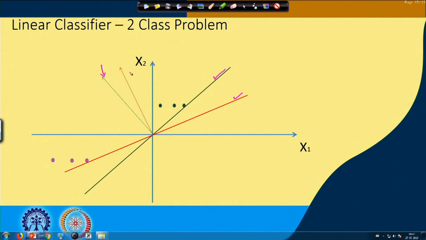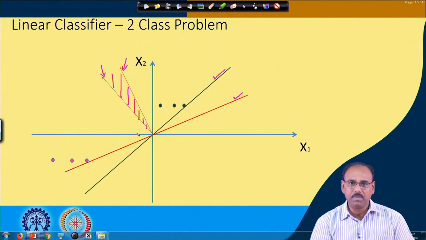Similarly, here the corresponding limit on the solution vector is this. So, it clearly says that an A which correctly classifies all the training vectors must be within this region, which is my solution region.